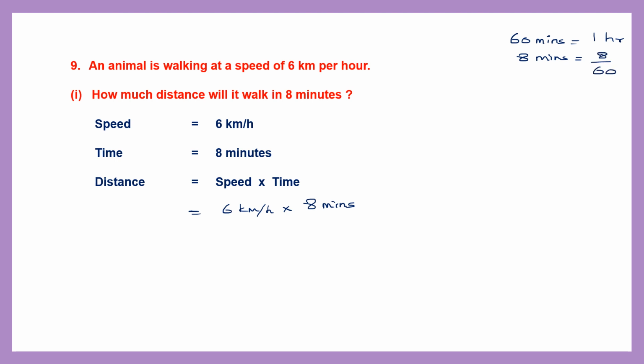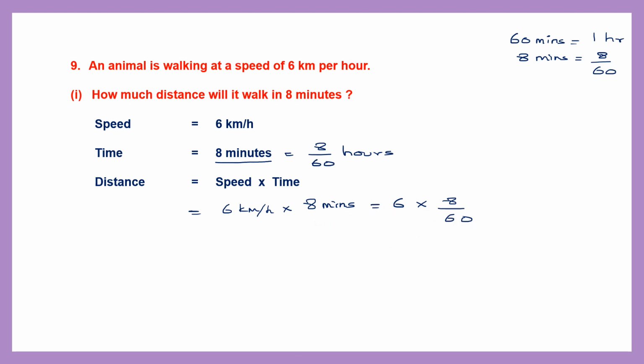So let's keep it at that. So here distance will be 6 into 8 by 60 because we have converted 8 minutes to 8 by 60 hours. So here speed into time, we have written speed into time. Speed is 6 kilometers per hour. Time was 8 minutes which we have converted to 8 by 60.